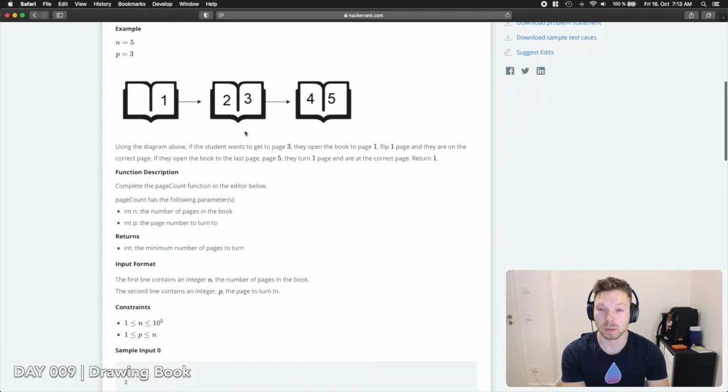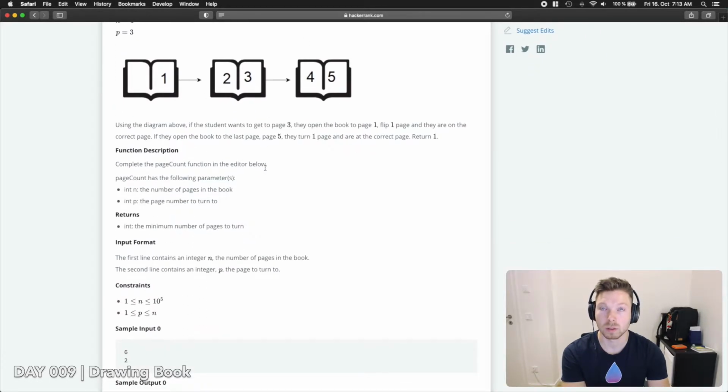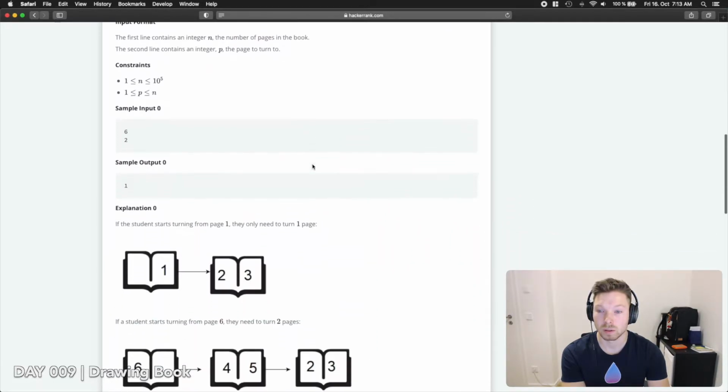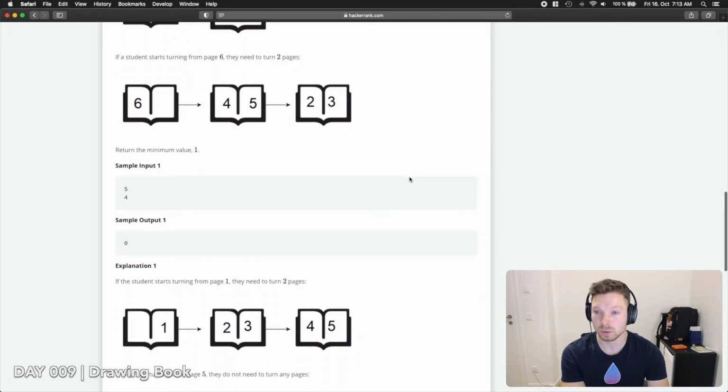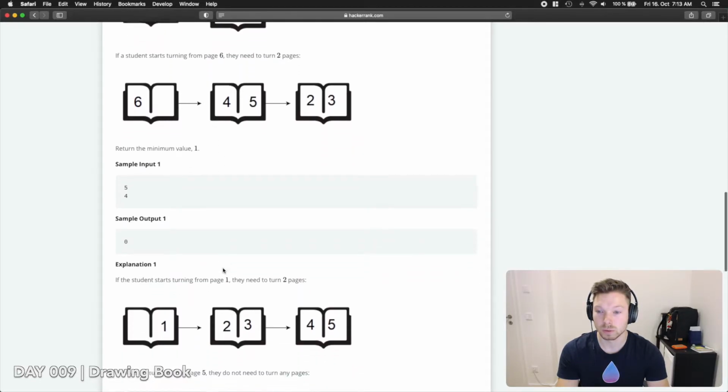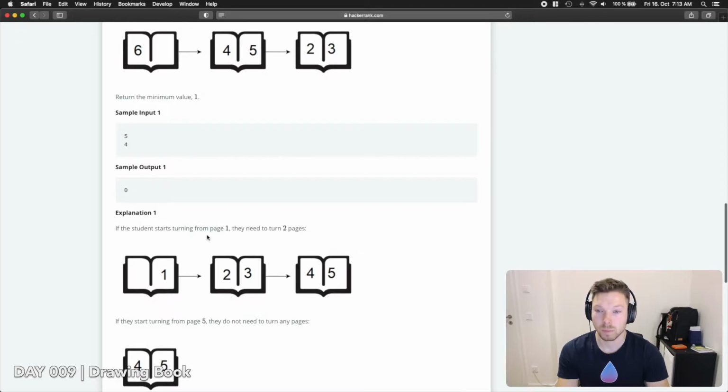Okay, so that means, let's see, for example, sample input 5 and 4 for sample output 0. Length of 5, page 4, output 0. If the student turns from page 1, they need to turn 2 pages.